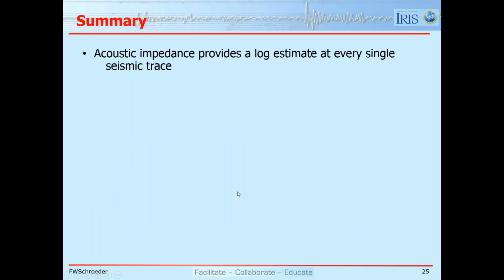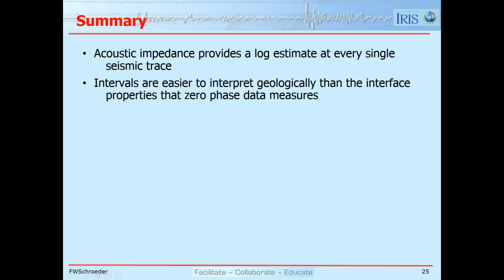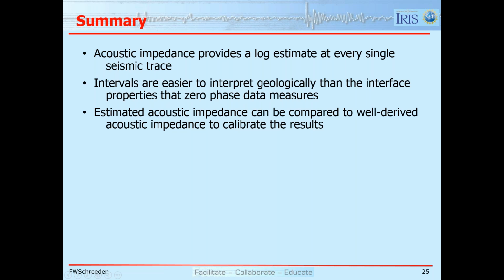So acoustic impedance provides a log estimate at every single seismic trace as to what the impedance structure is, and by inference what the velocities and densities are doing. Intervals are easier to interpret geologically than using the interface property data that the zero phase data represents.